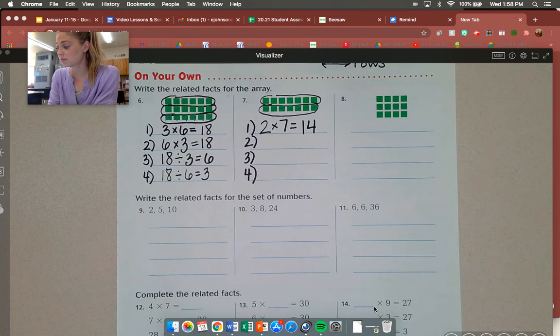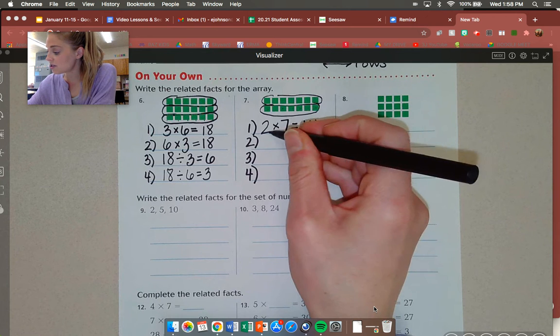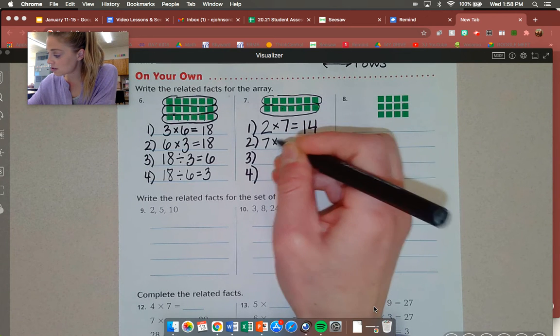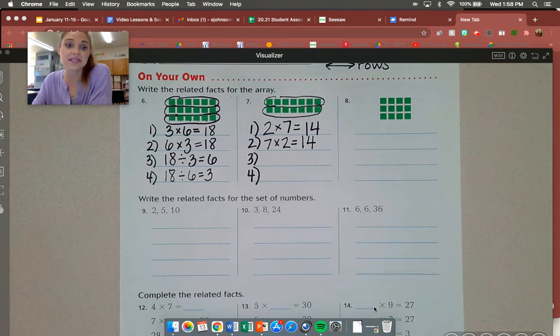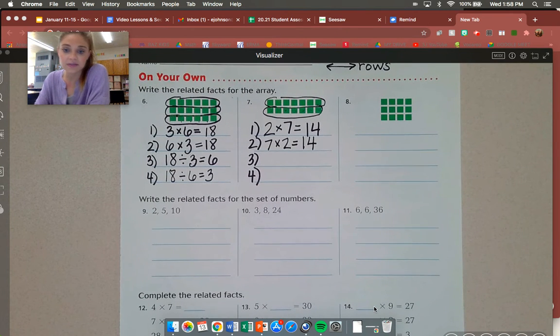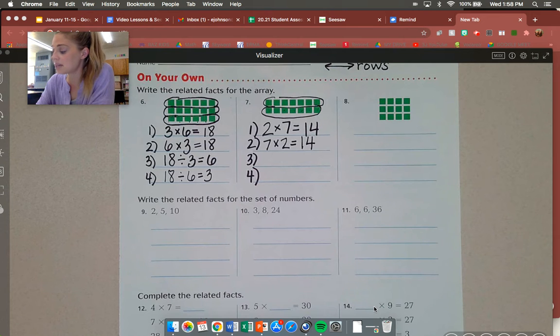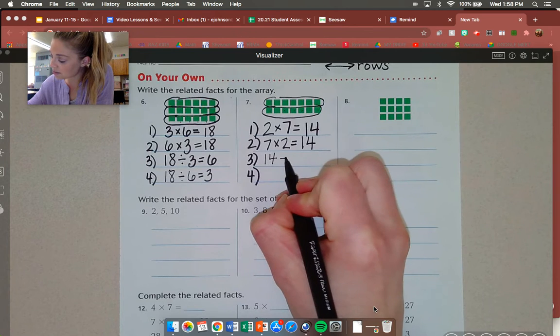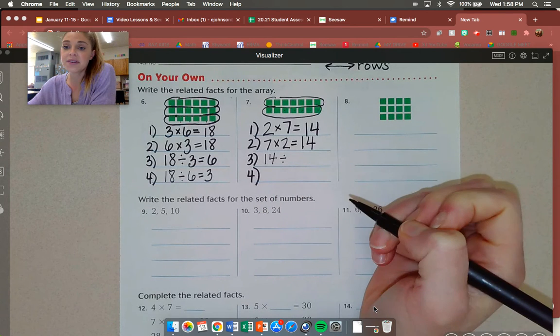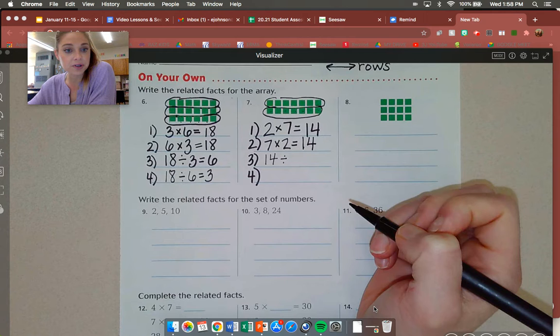And then if I want to write another multiplication, I just flip-flop the 7 and the 2. So I go 7 times 2 equals 14. To write a division equation, I have to put the biggest number first, which is 14. That's the total number of objects, divided by the number of rows I have, or the number of groups.